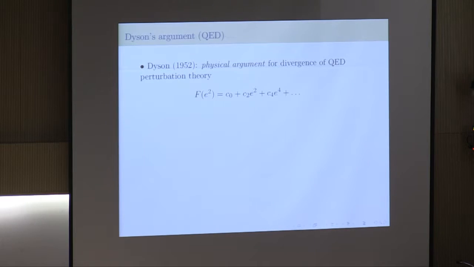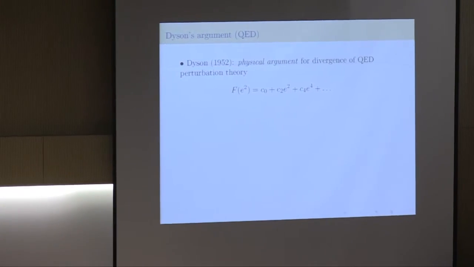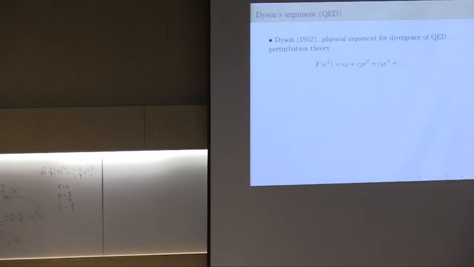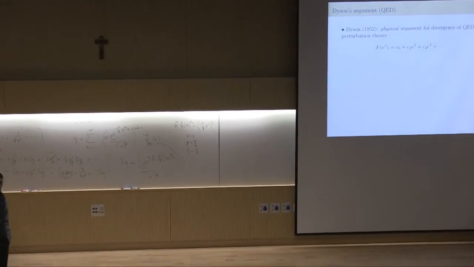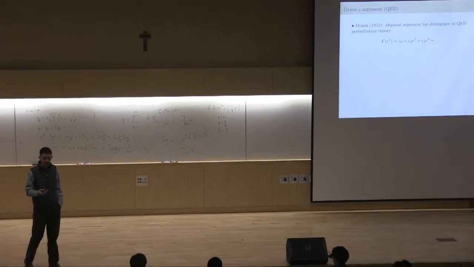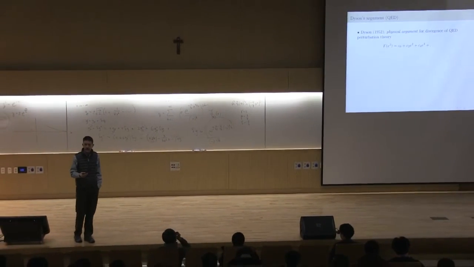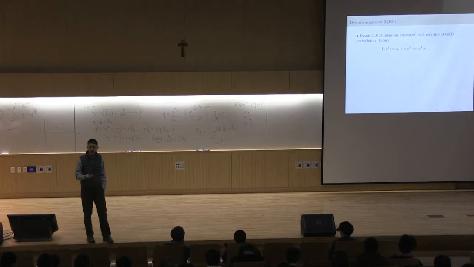Could perturbation theory for QED be convergent, or do you expect it to be divergent? And remember, the state of the art at the moment is the 5th order calculation of the anomalous magnetic moment, g minus 2. The 5th order calculation involves more than 13,000 5-loop Feynman diagrams, not all of which can be computed analytically.